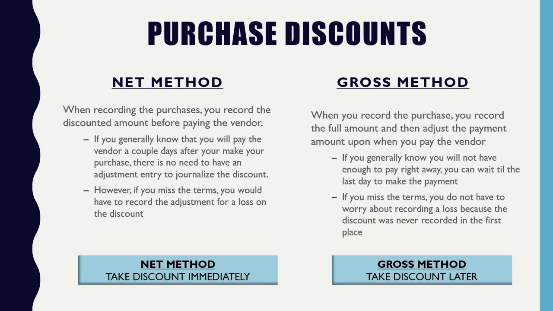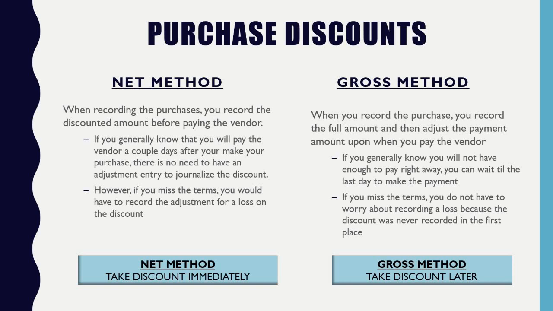And if they do end up paying within the discount period, they receive the discount without intent. If I paid today and just happen to fall into my discount period, I get my discount. But if not, you have until X amount of days to pay off your bill. So again, the gross method is where you record it at the original price, and if you pay on time within the discount period, then you record your purchase discount.